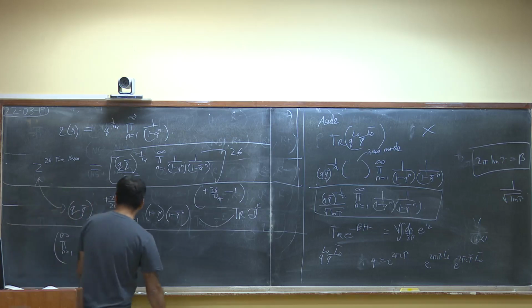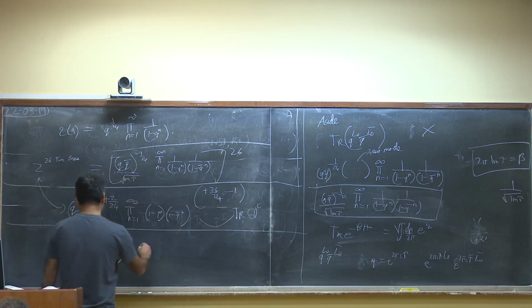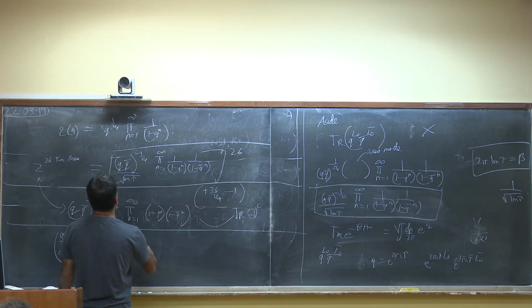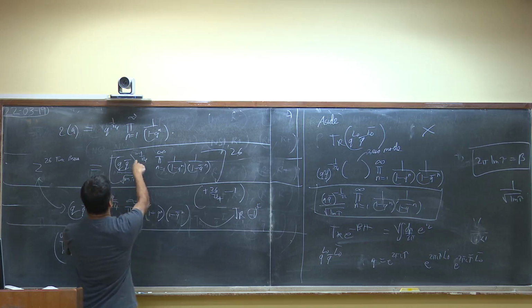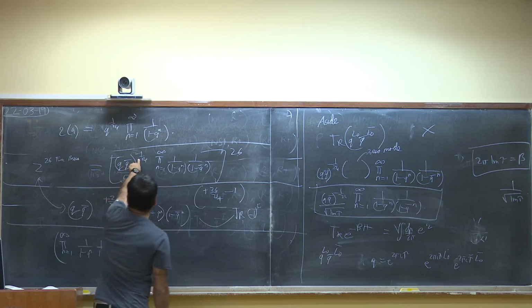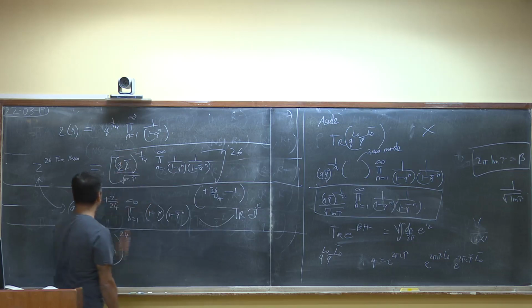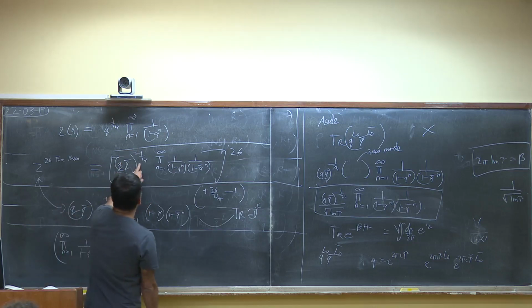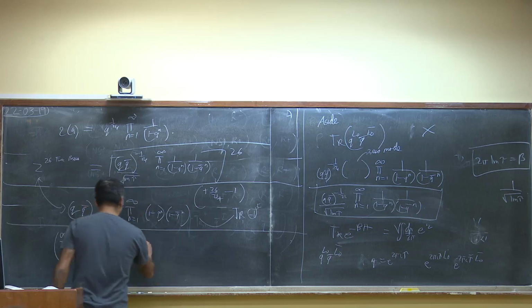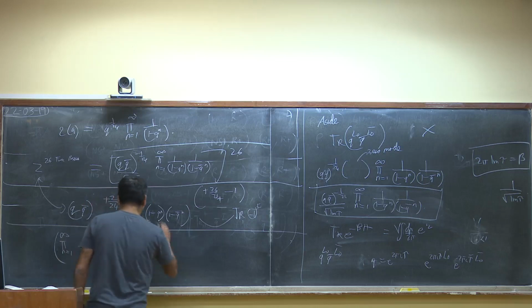Then what remains is q to the power minus 26 by 24, 1 by q, and 1 by q bar, exactly right. q bar to the power minus 1.